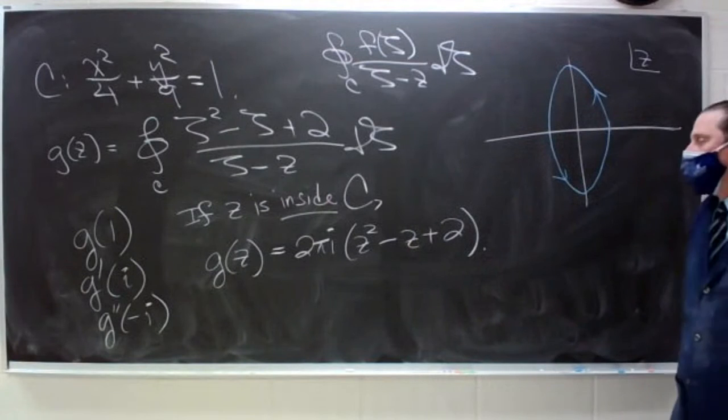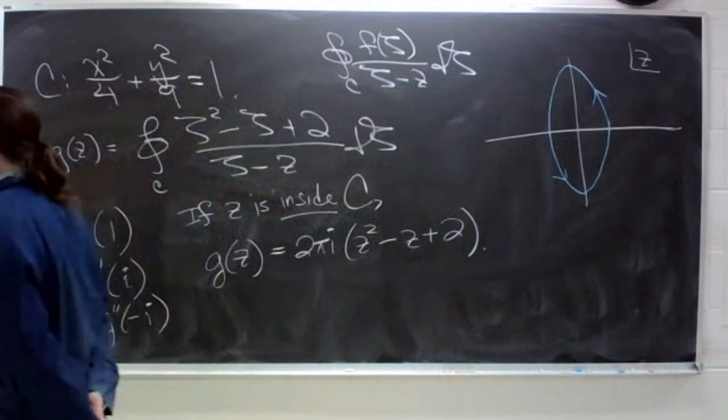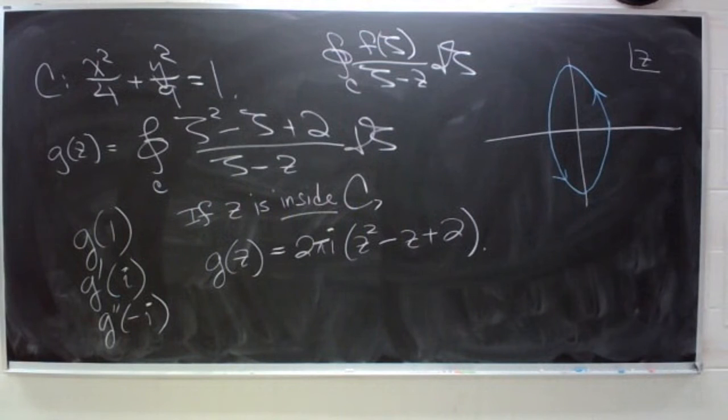Our f of z here is z squared minus z plus 2.